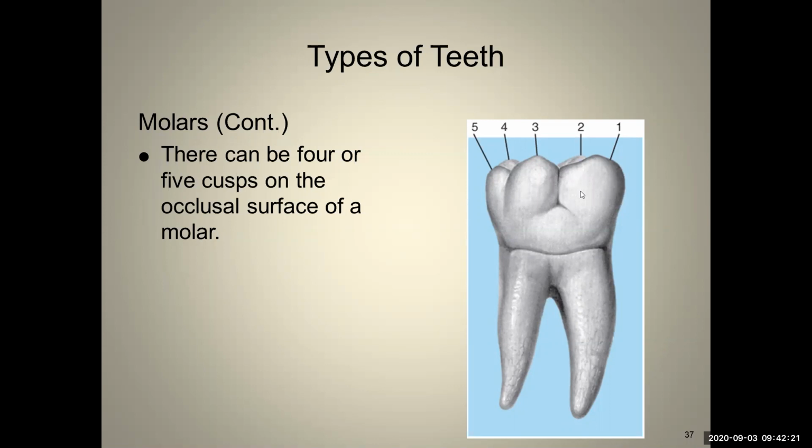So you've got 1 cusp, 2 cusps, then you've got this distal cusp here. This is the buccal, and then you've got the lingual. When we're looking at molars, for example, we are going to be taking this one tooth apart and learning about each of its parts.